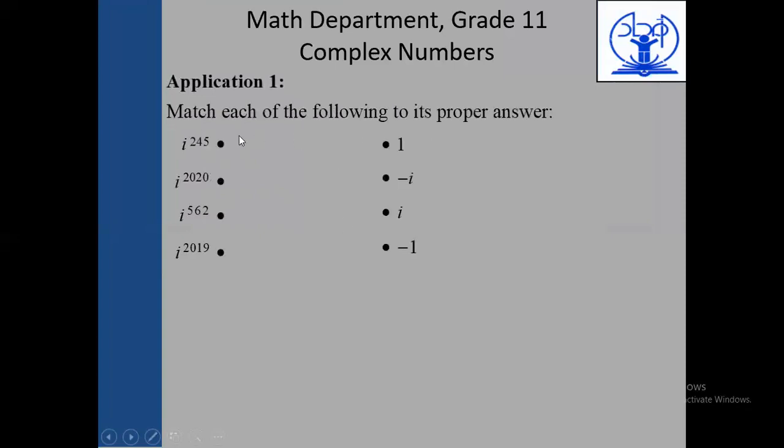Application 1, match each of the following to its proper answer. Start by thinking about i to the power 245. Before proceeding with this video, you should always try to stop the video and get the answer by yourself. Now, 245 is not a multiple of 4.